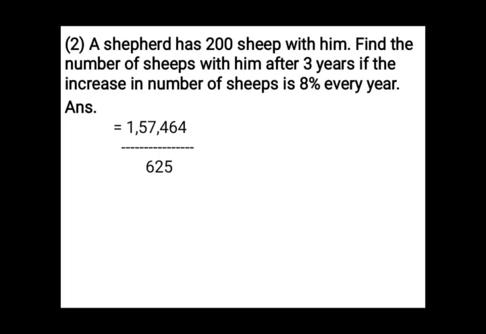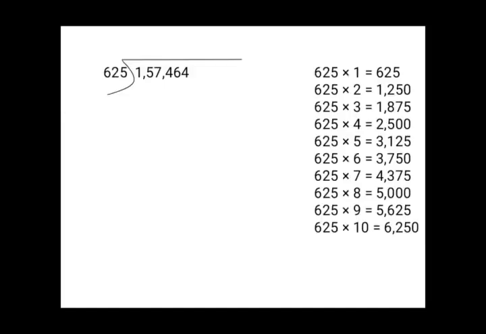Now you have to divide 1,57,464 by 625. I wrote the table of 625. 625 twos are 1,250. Now I have to subtract 1,574 minus 1,250. The answer is 324. Then one digit you have to bring down, that is 6. 625 5s you have to take, because the last small number is 3,125.